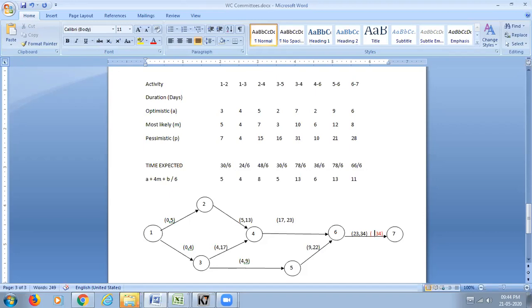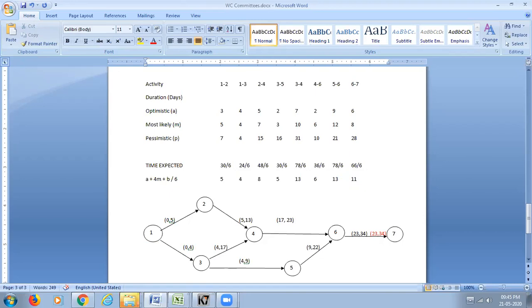If you are going to finish at 34, when will you start? When are you supposed to start the activity 6 to 7? It should start 11 days before 34. You very well know the time expected for 6 to 7 is 11. So 34 minus 11 is going to be 23, right?